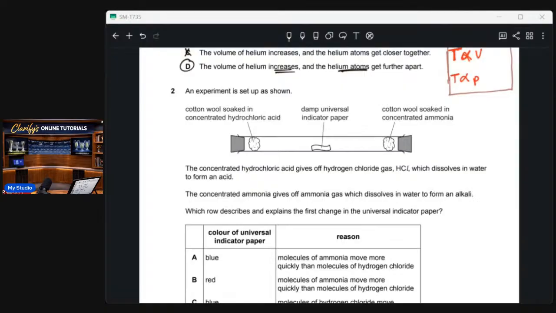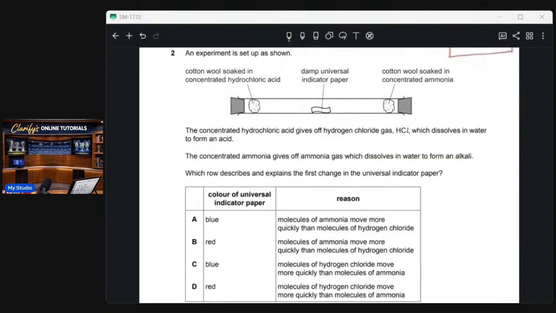The number two question says: an experiment is set up as shown. Which row describes the first change in universal indicator paper? This is a typical question, students, that tests how much diffusion is affected by the mass.